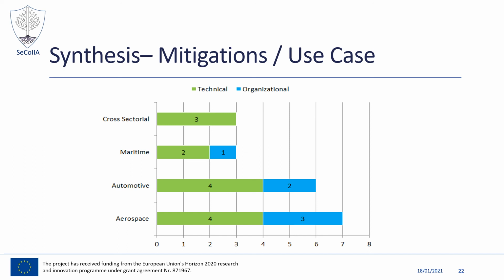But then for the other use cases, we also have organizational mitigations, meaning administrative procedures, also connections with the policy makers and the policy systems and the access control systems into the plant. We also have technical mitigations for all of them. So all the misuse cases can be controlled somehow from these two realms.